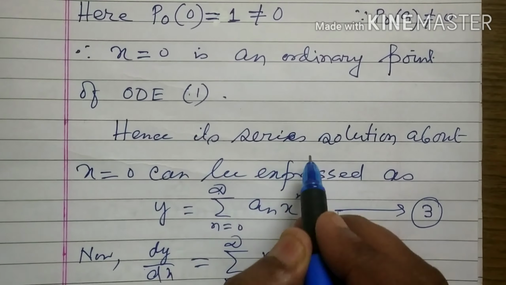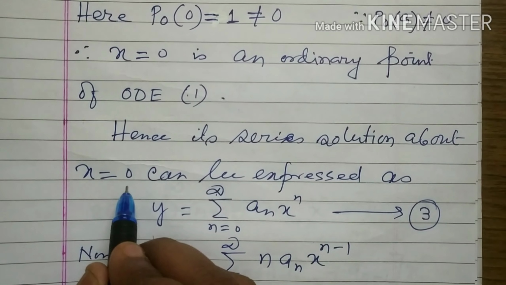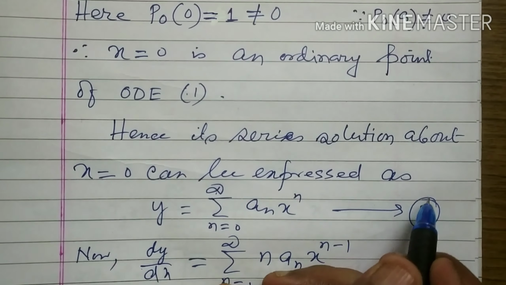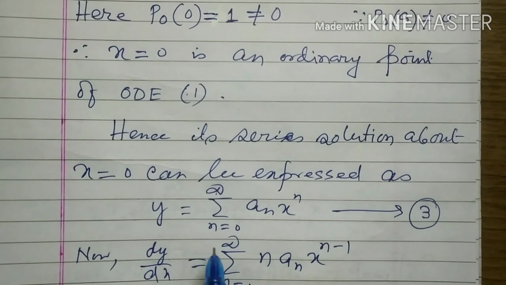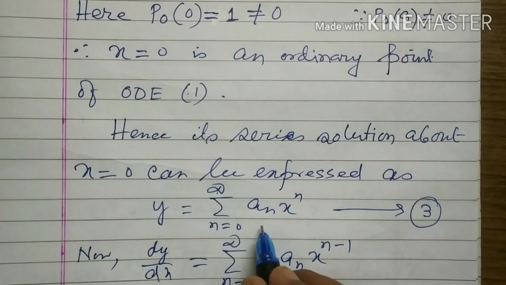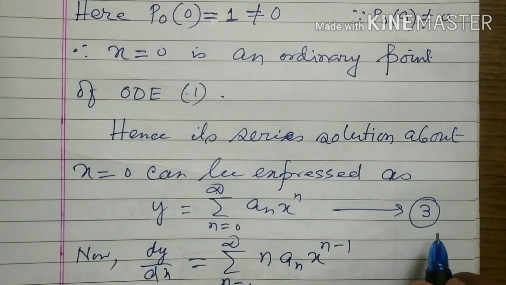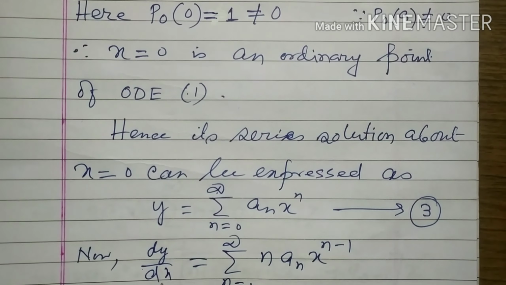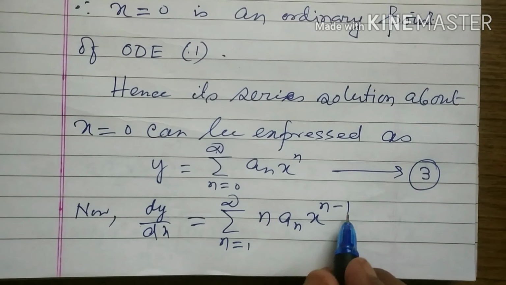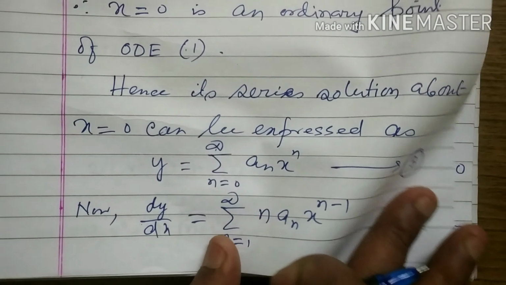Hence, its series solution about x equals 0 can be expressed as y is equal to summation n equals 0 to infinity a_n x to the power n. This is what we are considering, equation number 3. Now differentiate this: dy/dx is equal to summation n equals 1 to infinity n a_n x to the power n minus 1. After the derivative we have this.